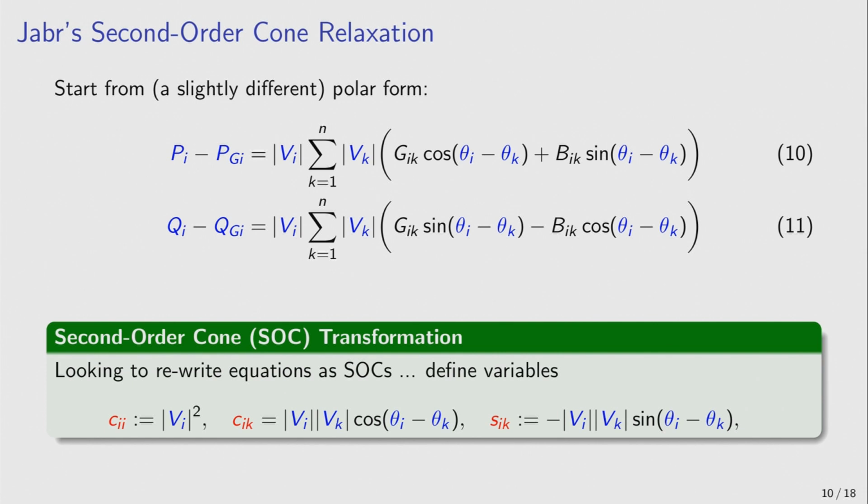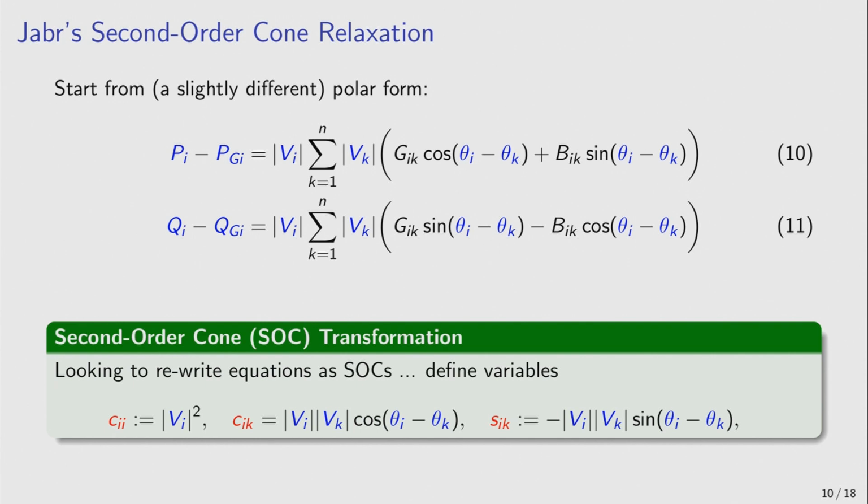Introduce a new variable c_ik, which corresponds to products of V_i, V_k with cosine, and similarly s_ik, which corresponds to the corresponding sine terms here. If you do that, then you get a relaxation.